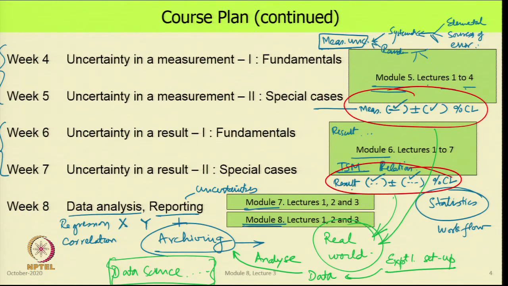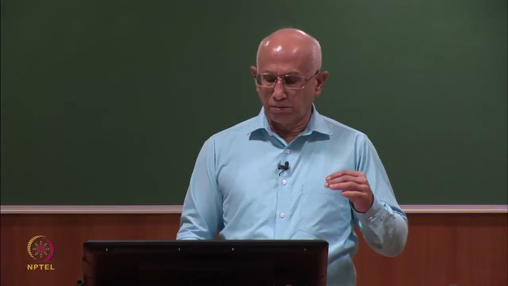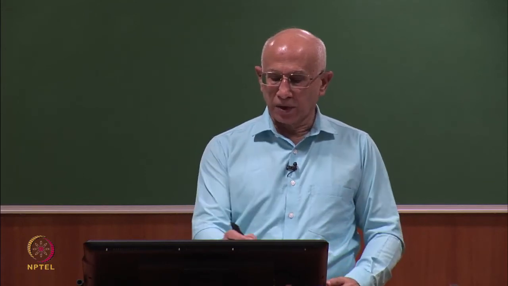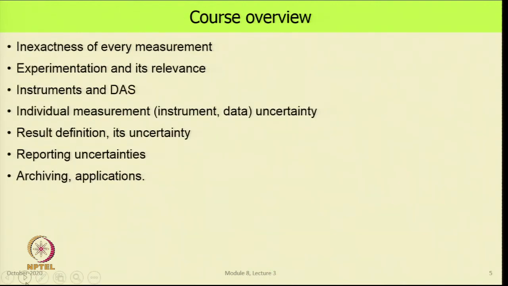So, this completed our course, and in this we learned the very basics of uncertainty in a measurement and uncertainty in a result. So, here is everything that we had. Important things that we saw were that there is inexactness in every measurement, which gives rise to uncertainty.